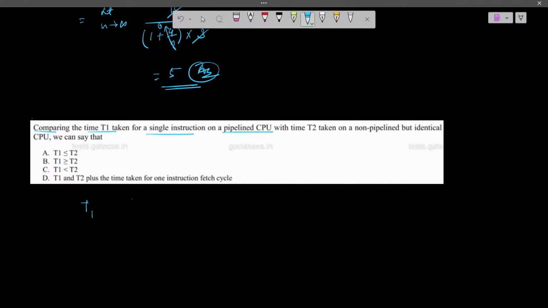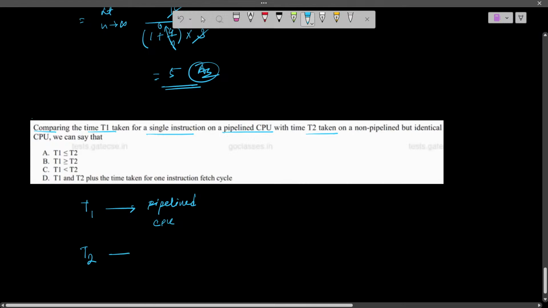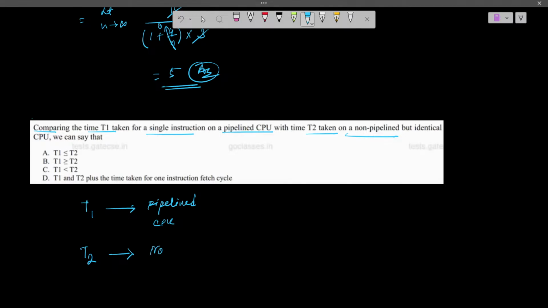Now here T1 is for a pipeline CPU, T1 is the time taken, and T2 is for a non-pipelined but identical CPU.